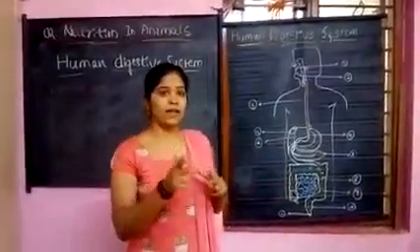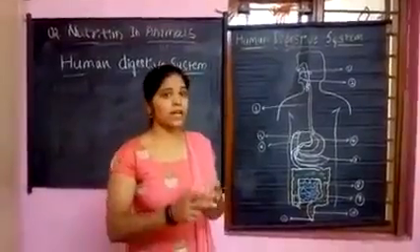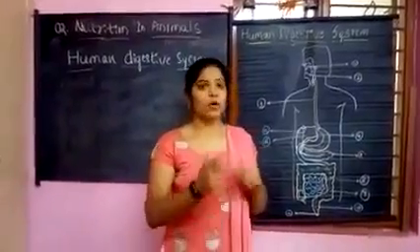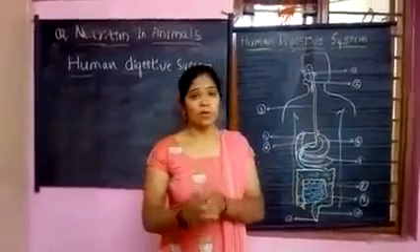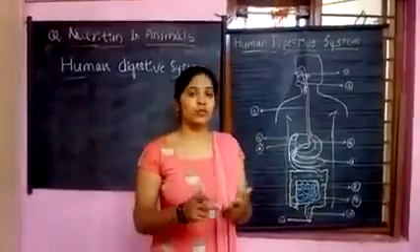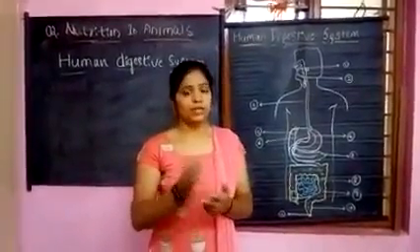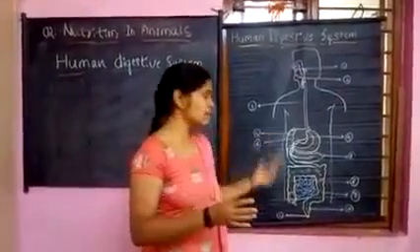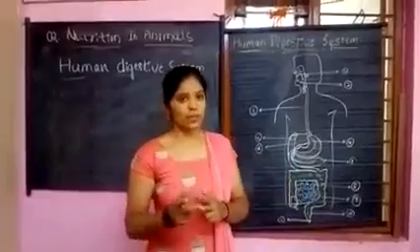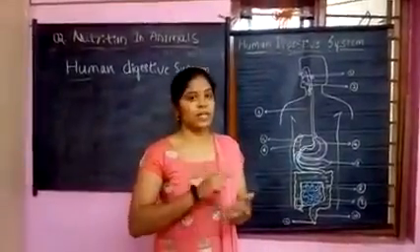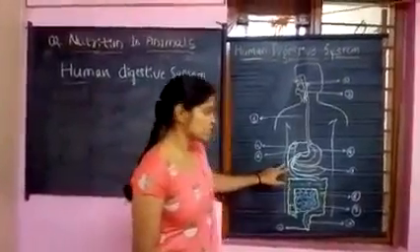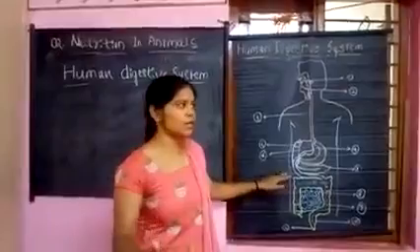The glands secrete juice which will break down the complex substances into smaller substances, which will help to make the digestion very smooth. So the juices are secreted by the glands present in the inner walls of the stomach.